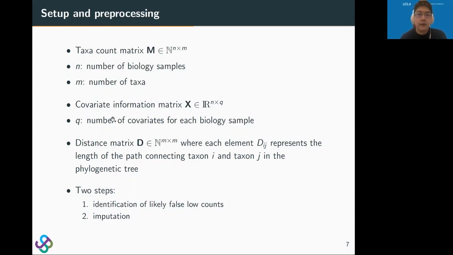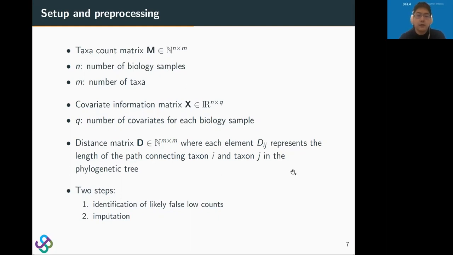And we also have a covariate information matrix in the bold form X of dimension n by q, and q denotes the number of covariates for each biological sample. The covariates could be the gender of that patient, the BMI of that patient, or nationality.